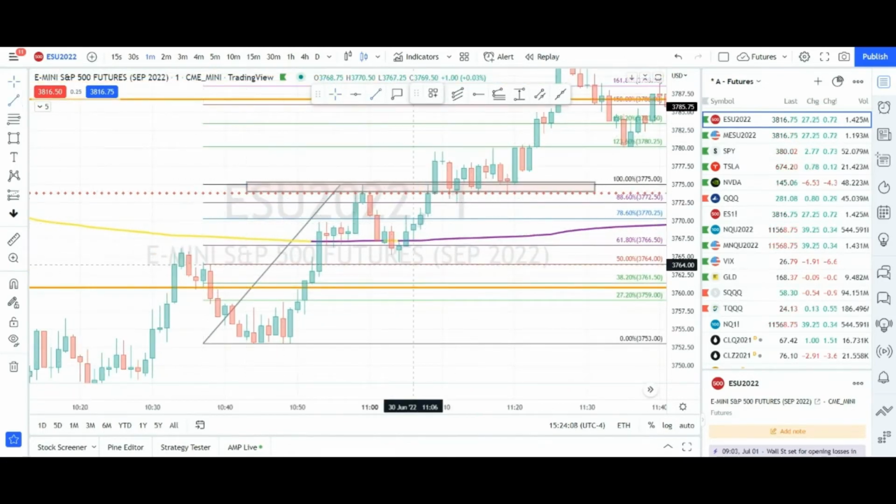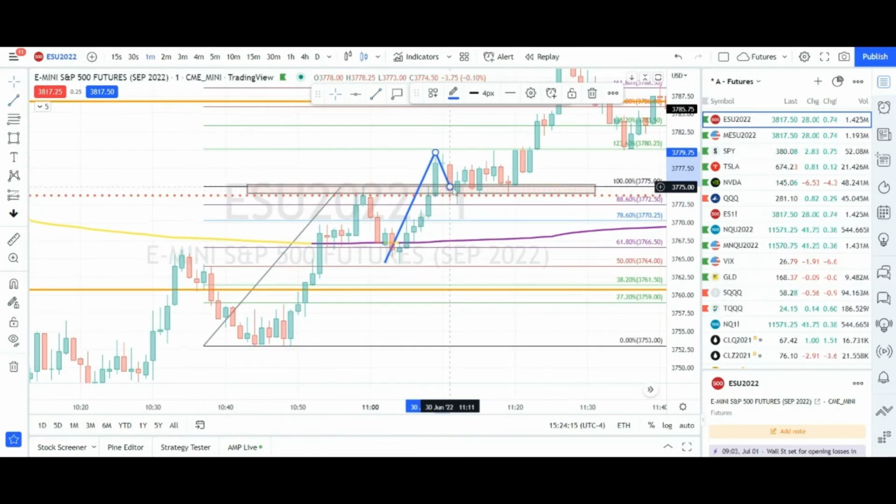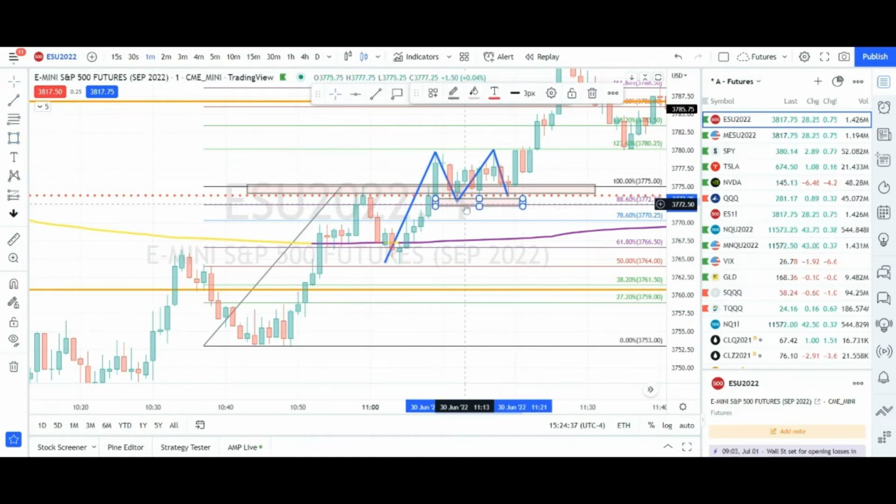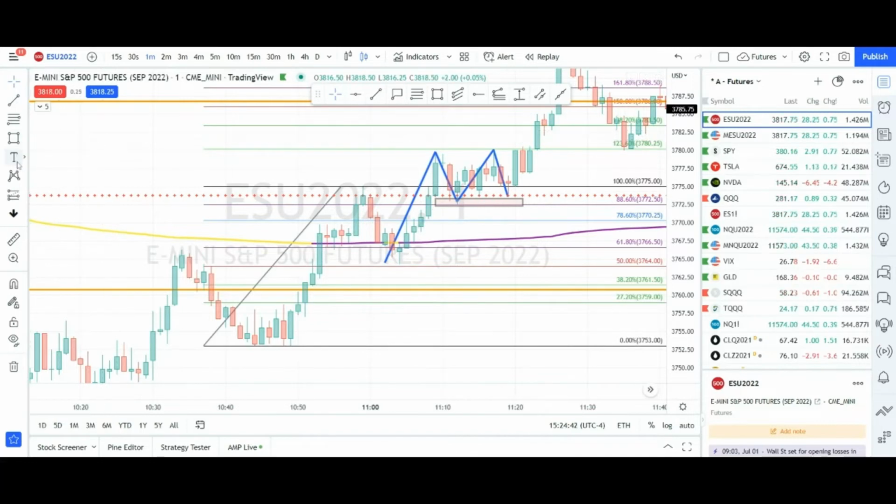If you see here, price broke this VWAP, came back down, then again tried to go up, didn't break too much of this area. Sorry, not this, over here. Okay, so did it retrace back lower than this area, the previous one? No, it didn't retrace back.